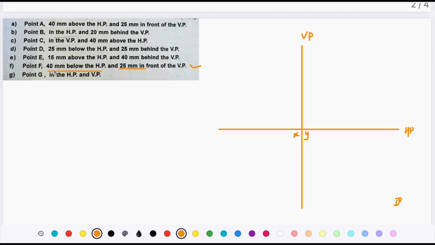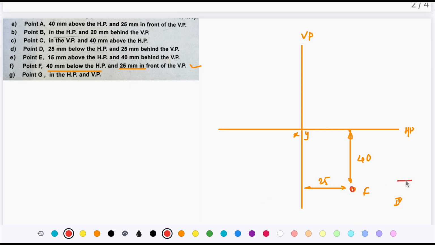Let's look at the point F, 40 mm below HP and 25 mm in front of VP.